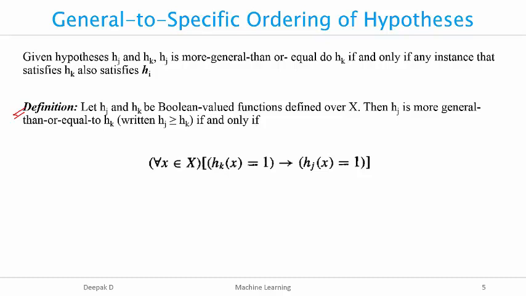Then Hj is more general than or equal to Hk if and only if the condition holds: if Hk is satisfied on a particular instance, that is also satisfied by Hj, which can be written as Hj ≥ Hk, the more general than or equal to relationship.